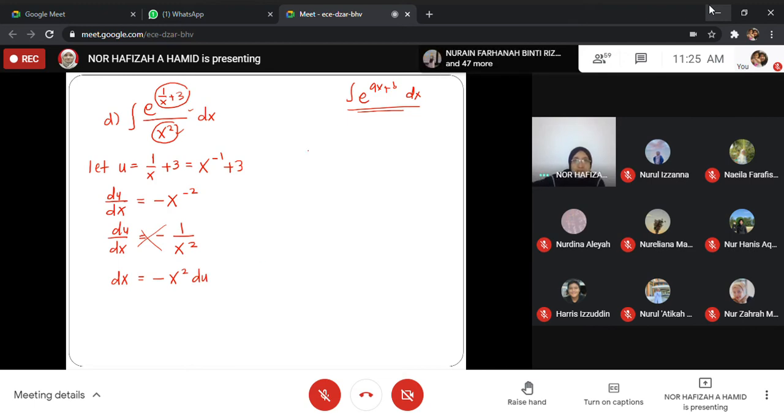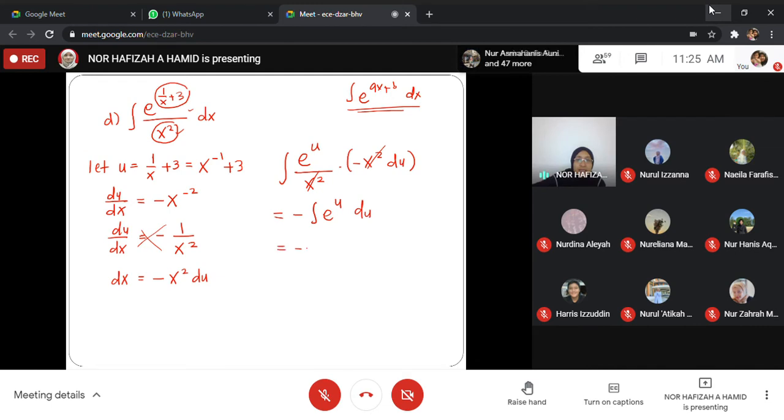Okay, so substitute balik dalam you punya equation. So kita ada e to the power of u over x square times dx, which is negative x square du. Okay, so you will cancel x square and you left with negative and you need to integrate e to the power of u du.